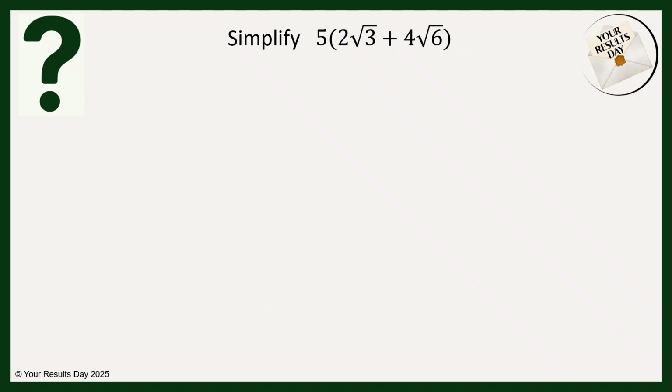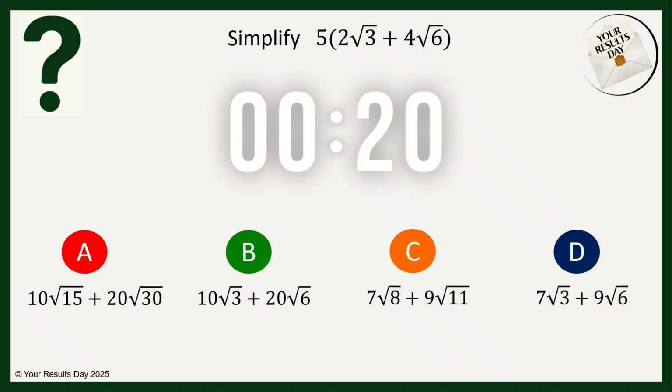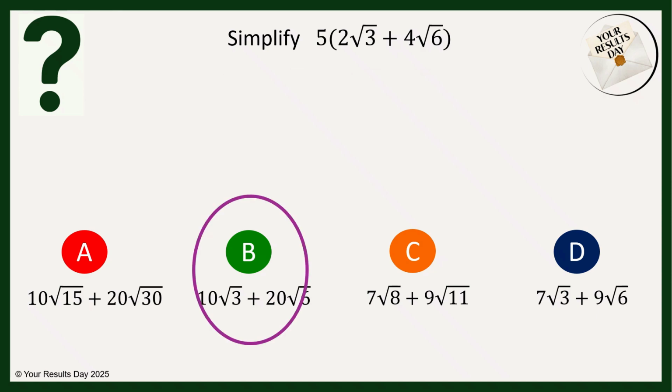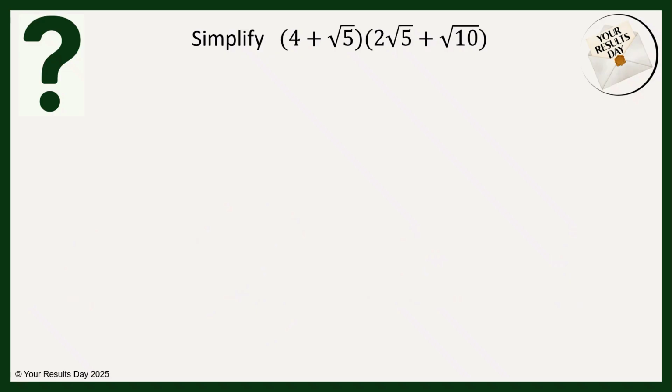On to some expands. So we've got 5 multiplied by 2 root 3 plus 4 root 6. That one was B. Double brackets this time.